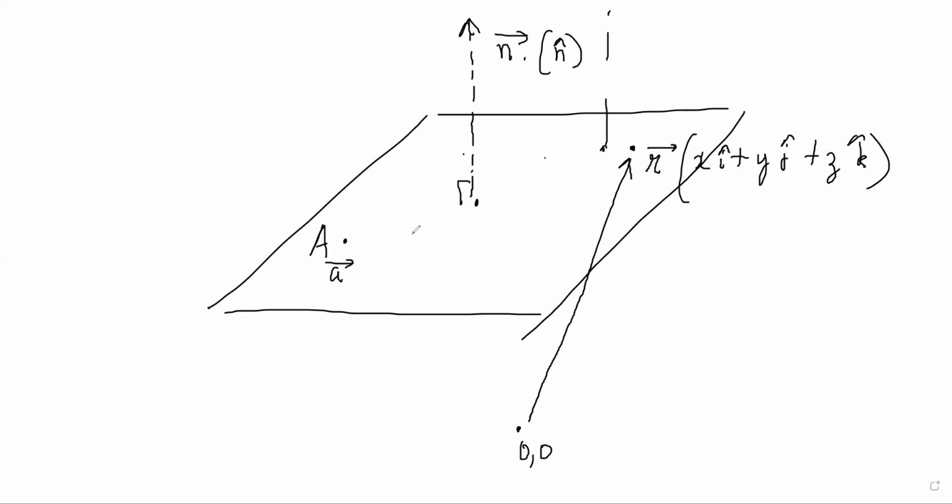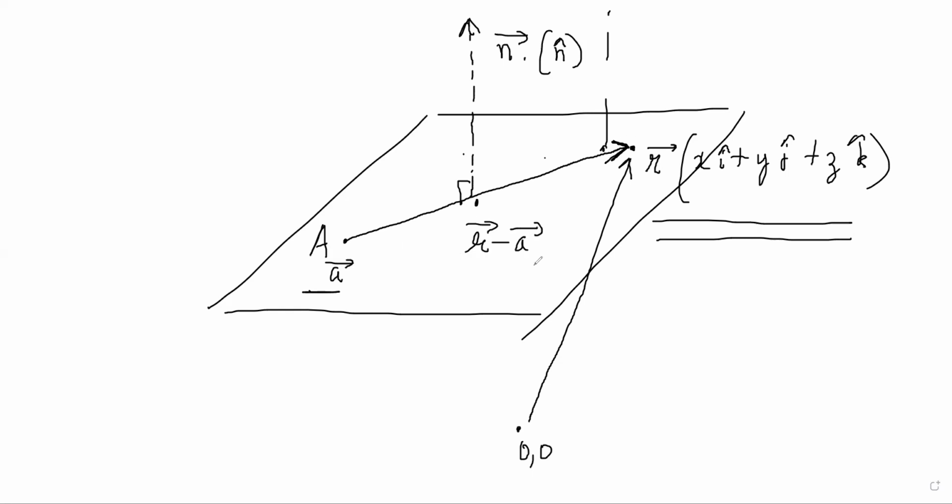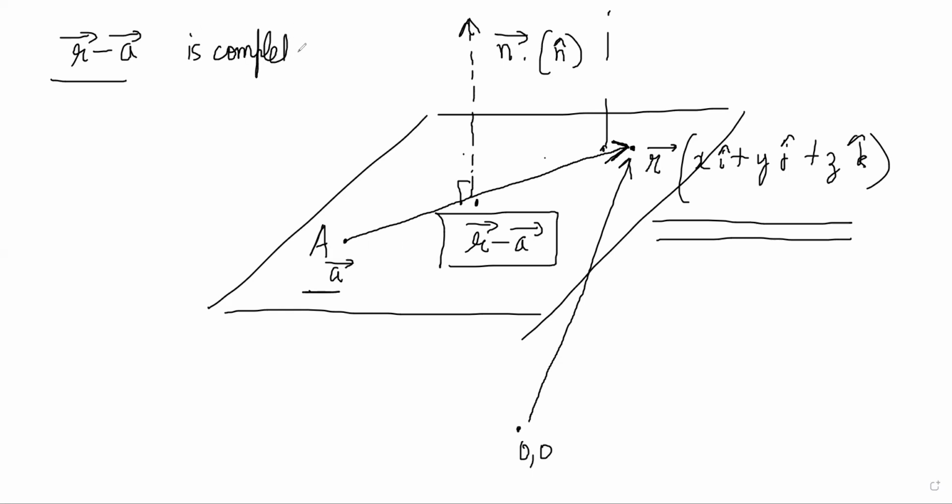So what we can say in general is this arbitrary point on the plane and the known point on the plane will define a segment. This segment will be your r minus a vector. The r minus a vector or line segment is completely in the plane, right?